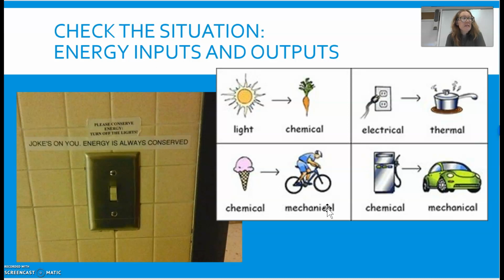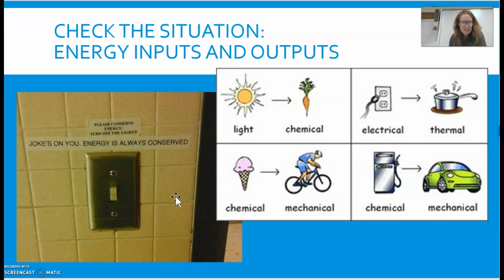You also want to see if they are throwing in some other forms of energy that aren't kinetic or potential. I like this joke. I've seen this little sticker put next to light switches, where somebody says, please conserve the energy, turn off the lights.